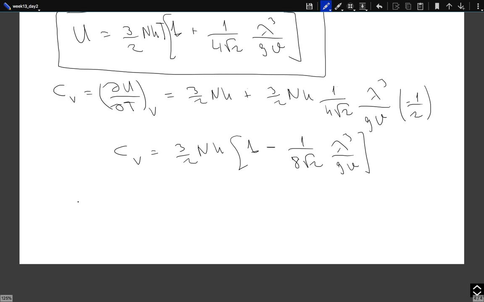Now, compared with the bosonic case, we will also calculate CV at the low temperature limit. You see, in the case of the bosonic gas, this was the classical limit.